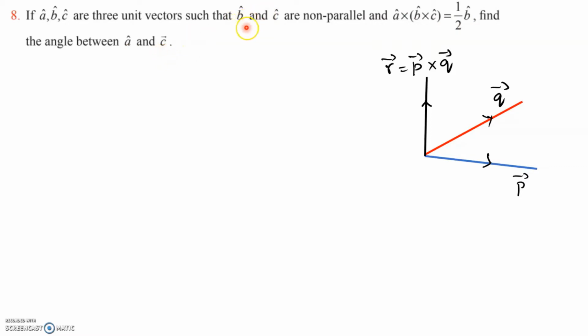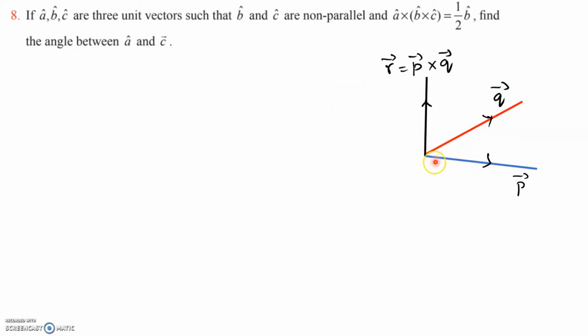So we are given that B and C are not parallel, and also we are given this result, which is a vector triple product, equal to half into B cap. Now, before we go into the problem, I want to illustrate with this.